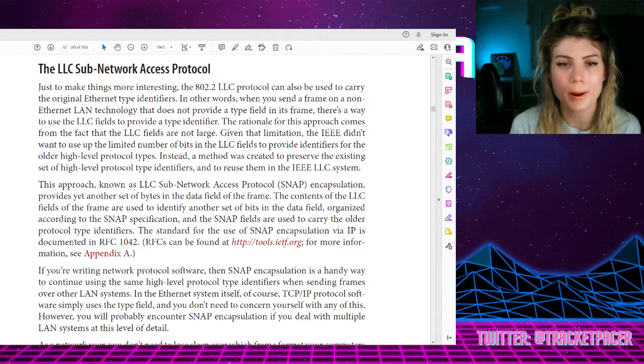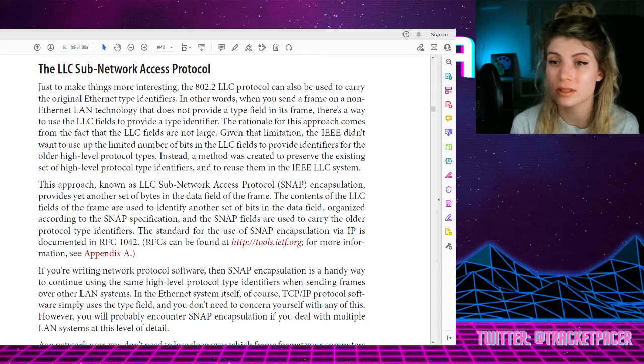So this kind of seems to me like tunneling, or no, like encapsulating, which is not the same as tunneling, encapsulating Ethernet type stuff inside of another LAN technology, as long as it follows this standard.